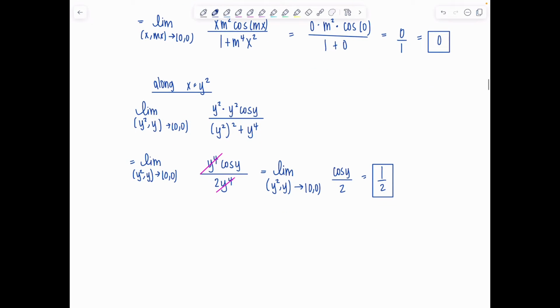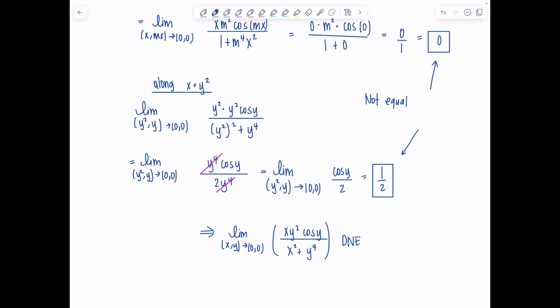So notice these two limits are not equal. Whenever different paths have different limits, that tells me the limit as (x,y) approaches (0,0) of the original function xy squared cosine y over x squared plus y to the fourth does not exist.